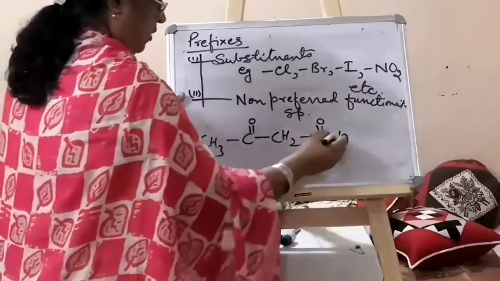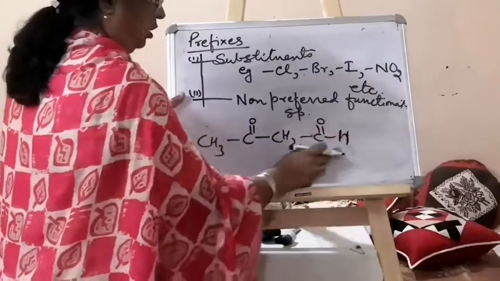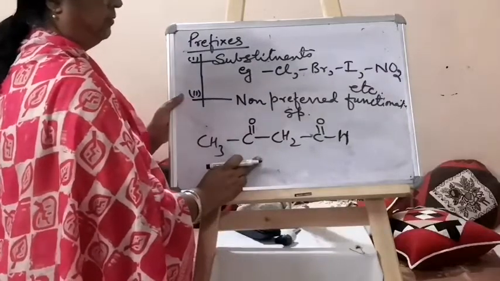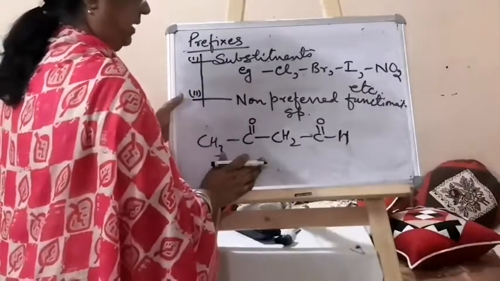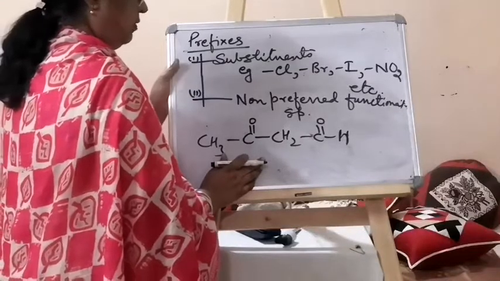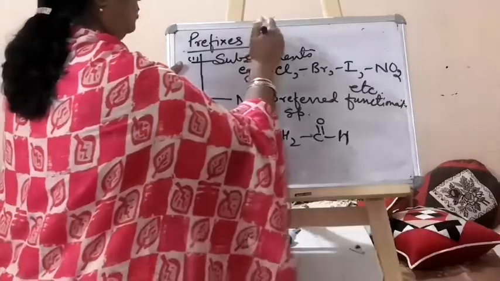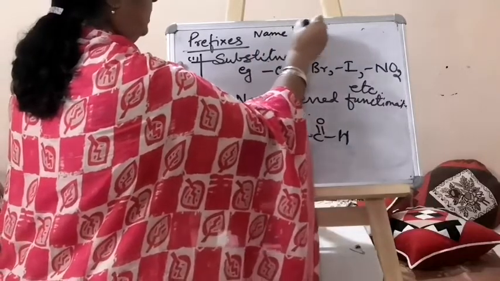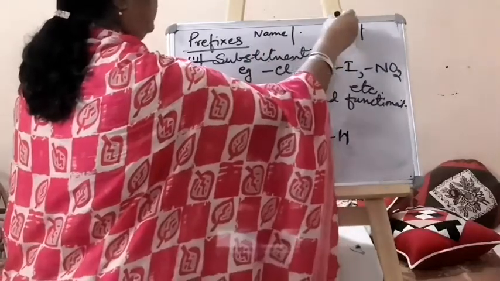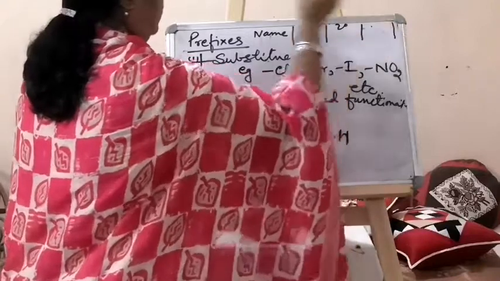So here one is preferred. This order of preference you will have to learn from the book. In the PDF file that I will be attaching, it will be convenient for you to learn. There will be the name of the functional group, its formula, its secondary suffix, and its prefix.